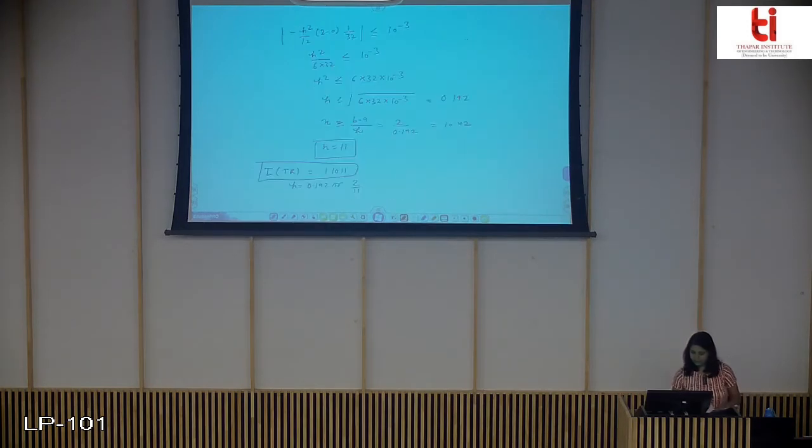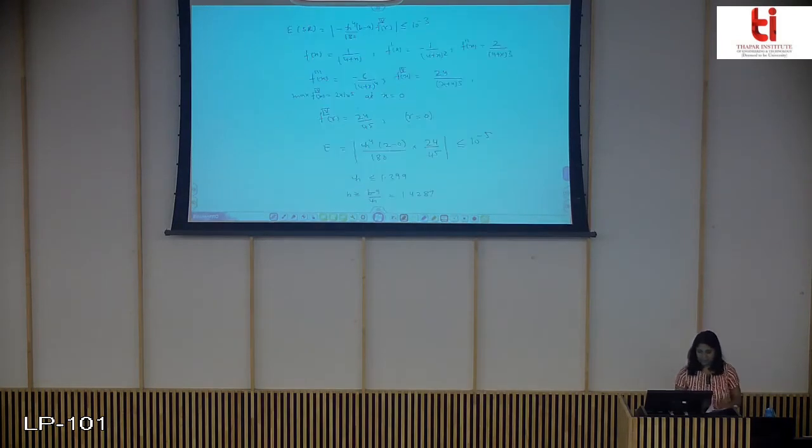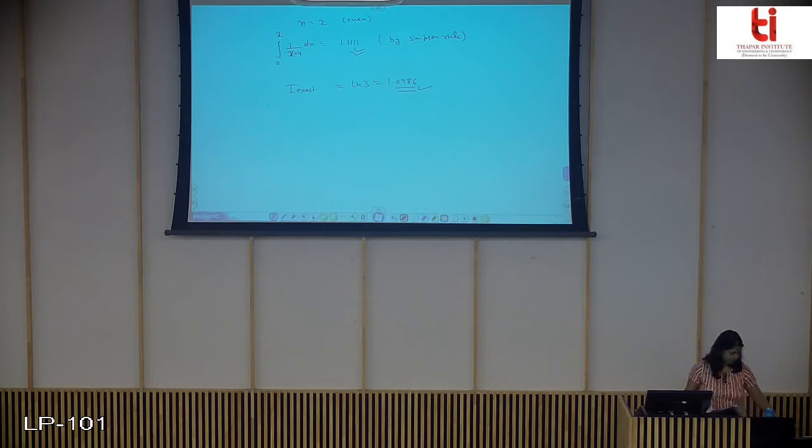With the trapezoidal rule the value is 1.1011, where we take n equal to 11 in the trapezoidal rule and n equal to 2 in Simpson one-third rule, and we get the same accuracy. So obviously we should use Simpson one-third rule, because we get it in fewer steps in comparison to the trapezoidal rule.